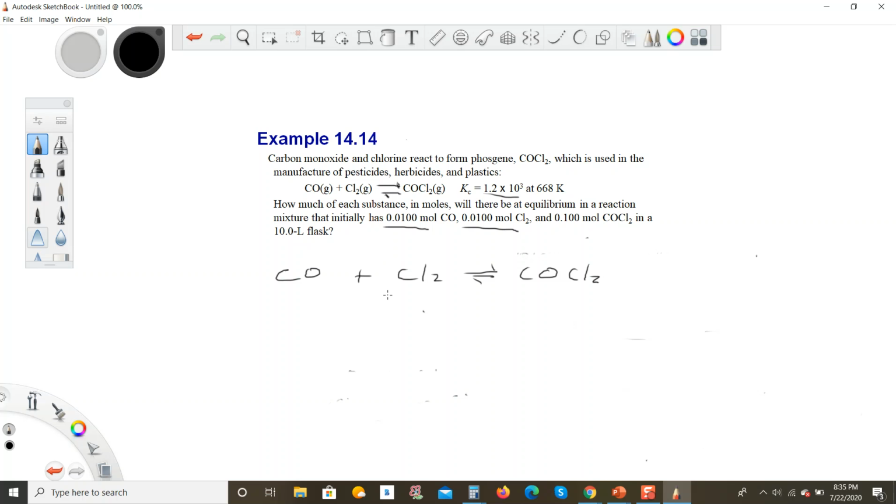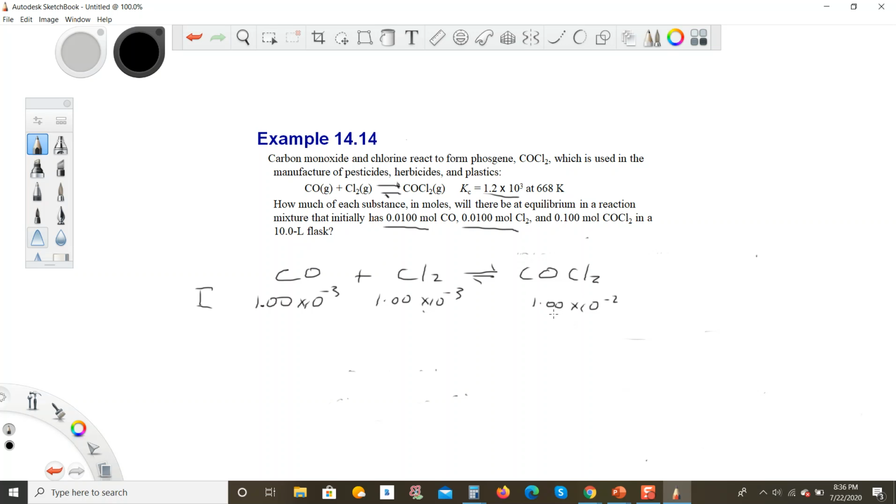Now the initial concentrations that we had from before, for the carbon monoxide, it was 1.00 times 10 to the minus 3, 1.00 times 10 to the minus 3, and here we're going to have 1.00 times 10 to the minus 2, all right?